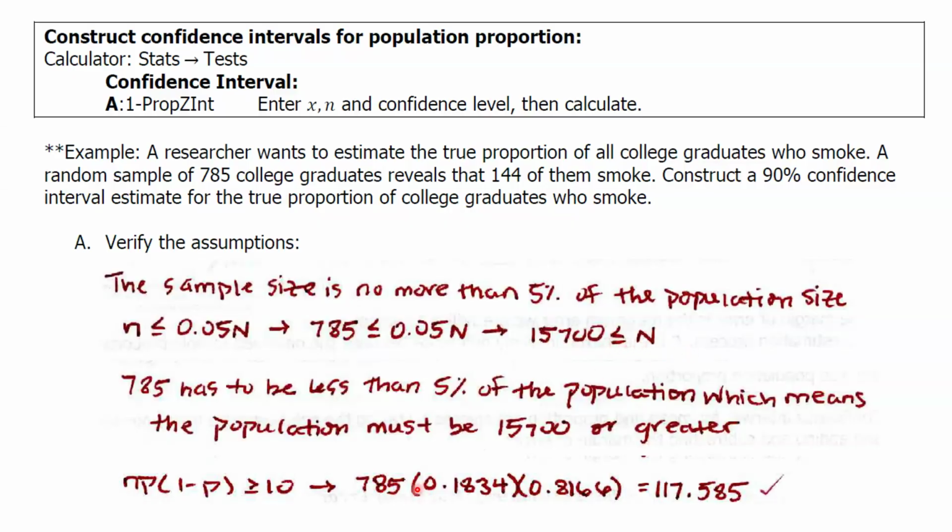When we enter in our n, which is 785, our p, which is 0.1834, and our 1 minus p, which is 0.8166, we then get our answer to be 117.585, which is greater than 10. So we are good to go.